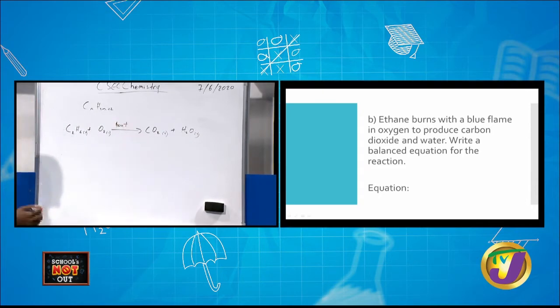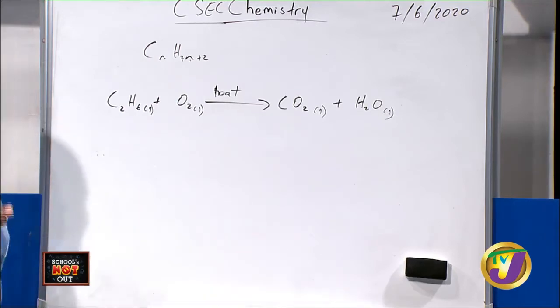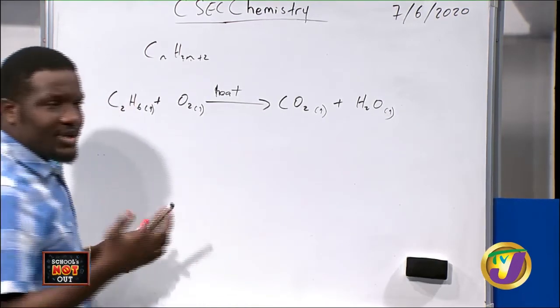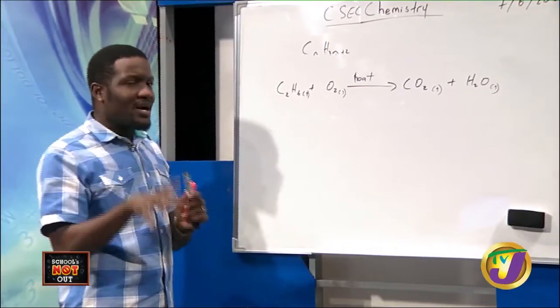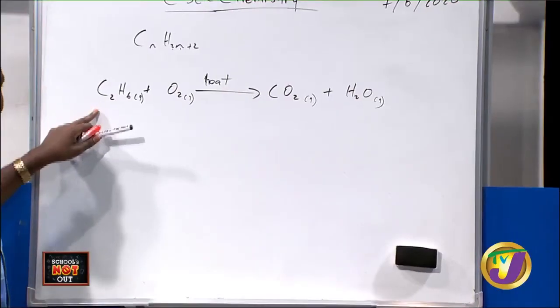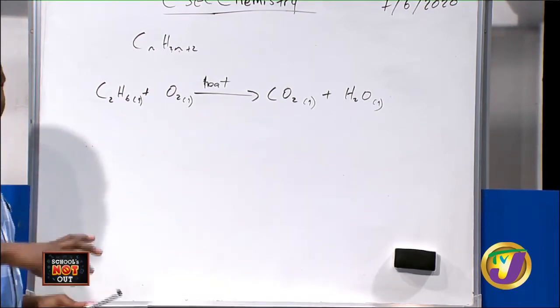All right, so we need to balance this equation. All right, now my advice to students is to always start immediately after the arrow. All right, now I can do this quickly out of my head, but one way I recommend students to practice this, if they're not really so good at balancing, is to write out everything on the left side and everything on the right side in terms of the elements.